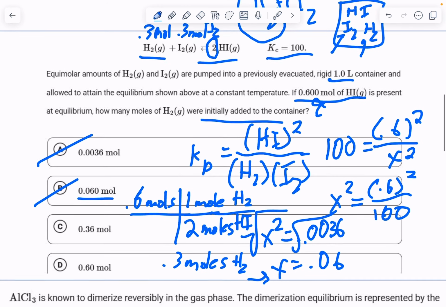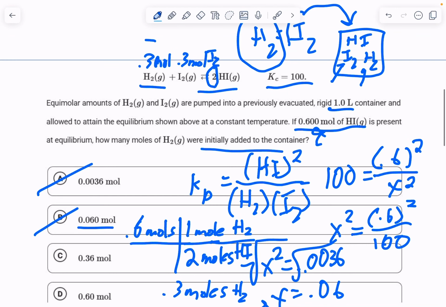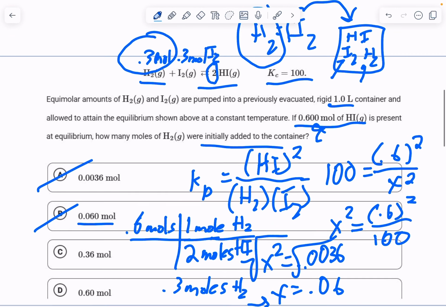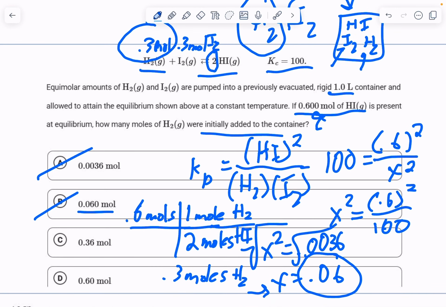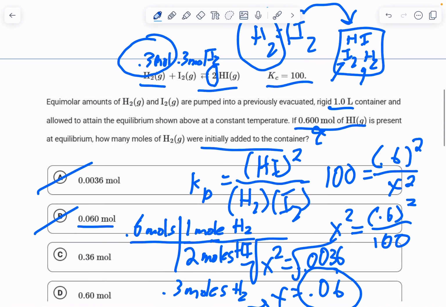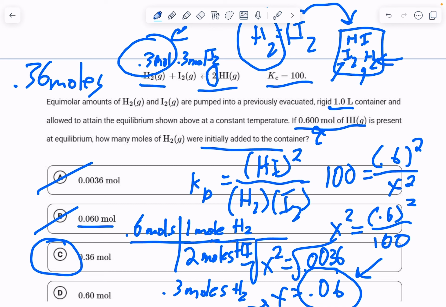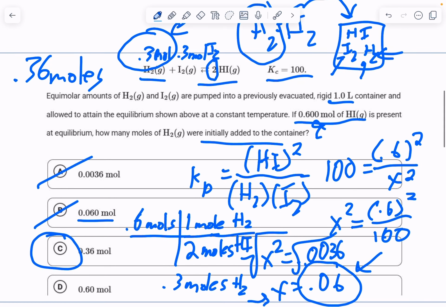So I started with 0.3 moles plus the remaining 0.06 moles at equilibrium. Adding those up, we get 0.36 moles. So C is the right answer. We took the amount that converted into product and added it to the remaining at equilibrium, so our total is 0.36 moles added to the container.